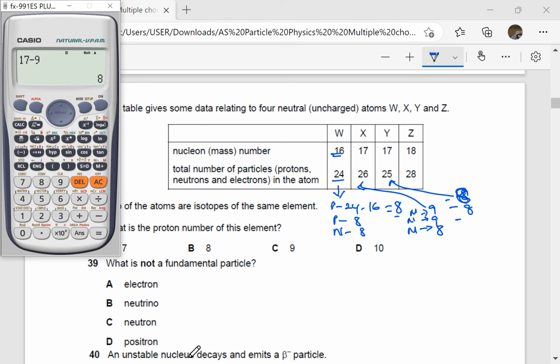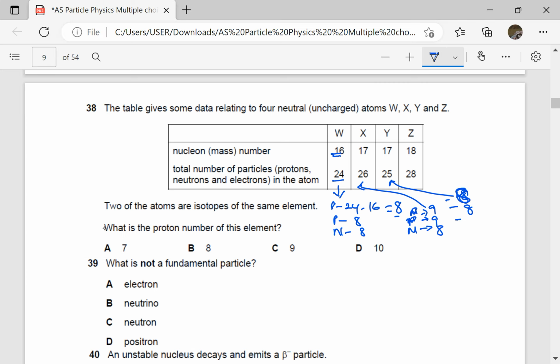Let me check: 25 minus 17 is 8. This is protons, this is electrons, this is neutrons. Electrons are 8, protons are 8, so the neutrons is 17 minus 8, which is 9.